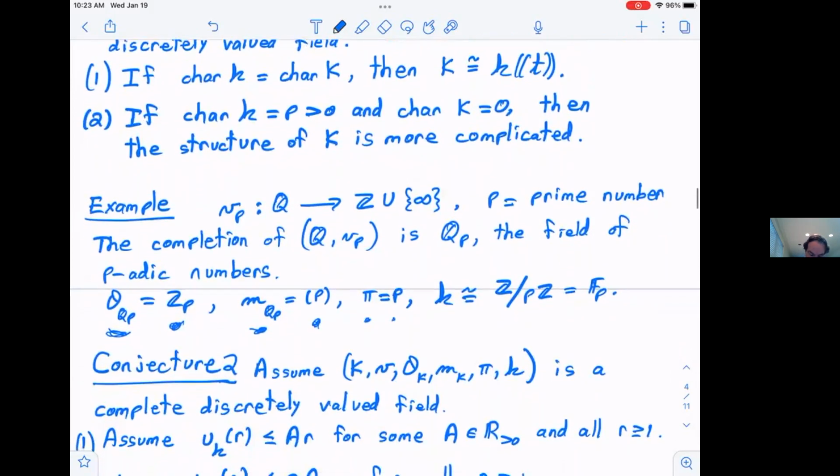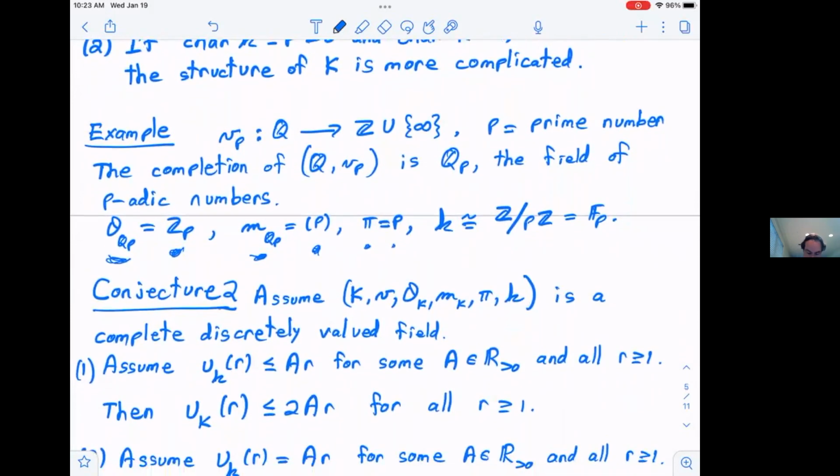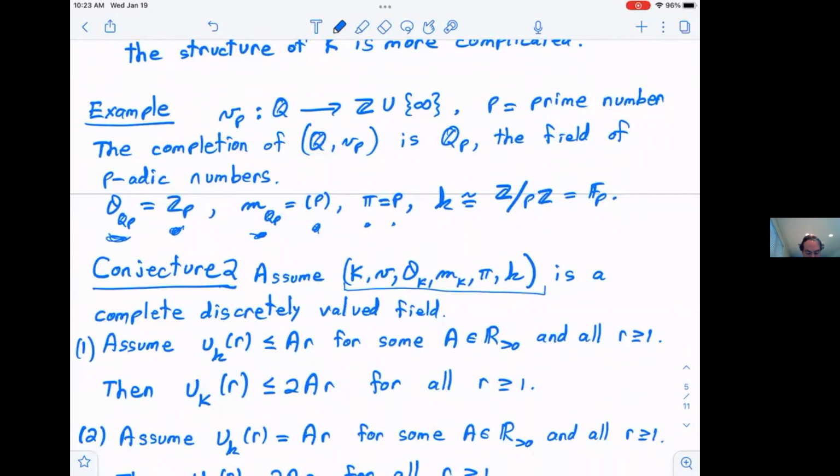So let's write down the following conjecture, which is of interest here. Assume this is a complete discretely valued field. Assume that the residue field satisfies this hypothesis for the u invariant of systems of quadratic forms, namely that u sub little k of r is bounded by a linear function of r.